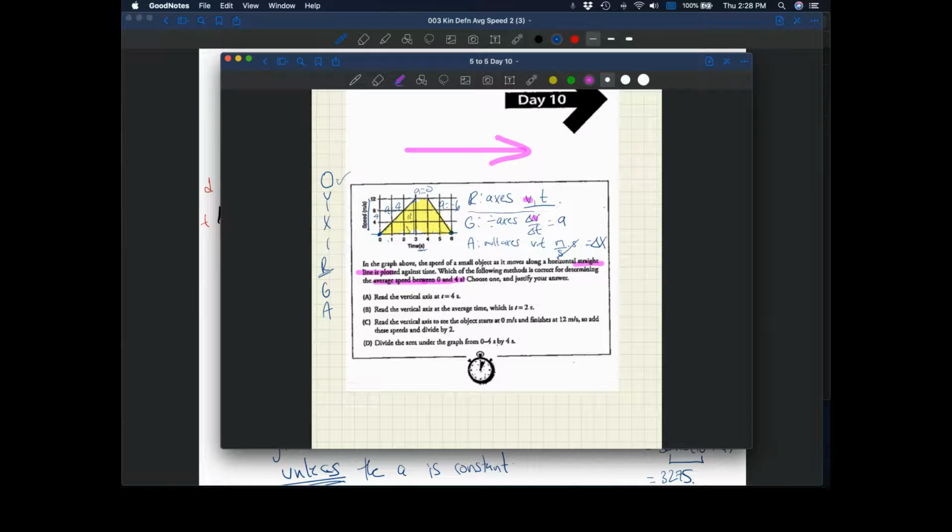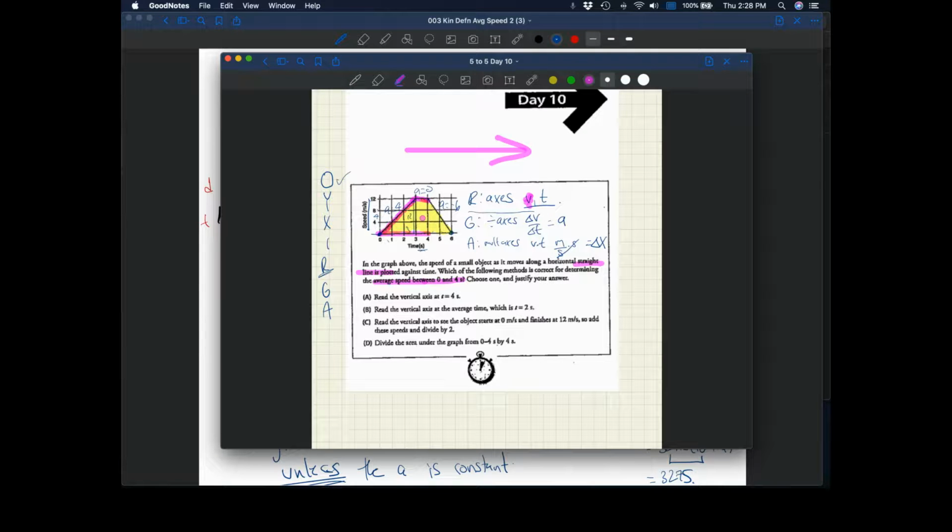The question's about speed, so it looks like we're going to read it off. Between 0 and 4 seconds, the speed increases, and then it stays the same. For the average speed, we have two definitions.